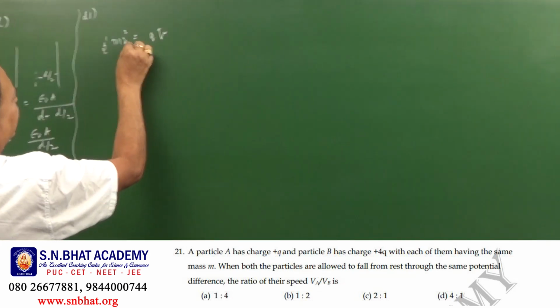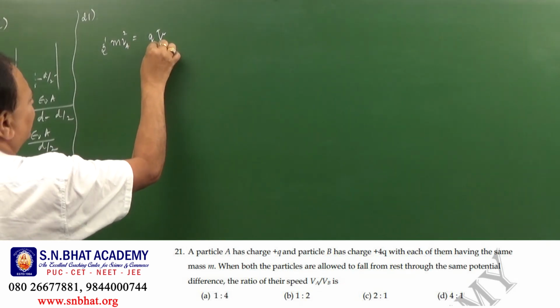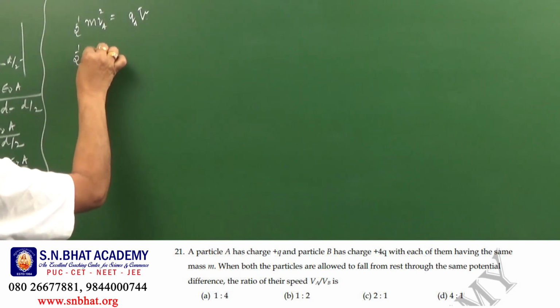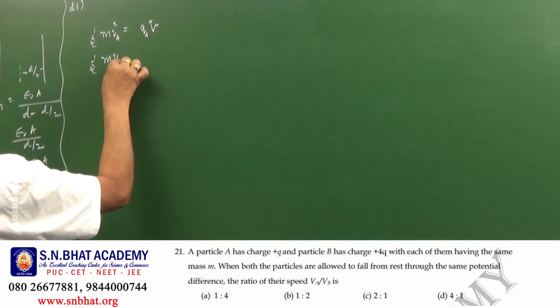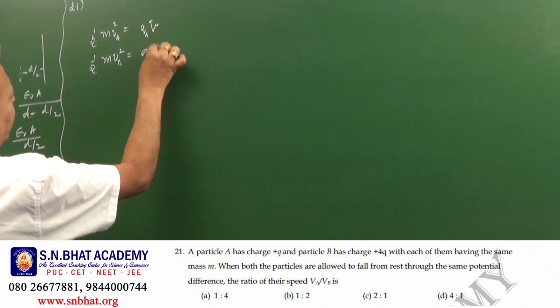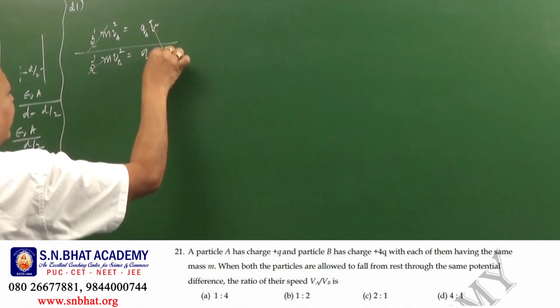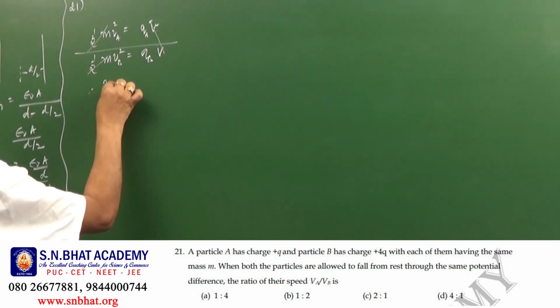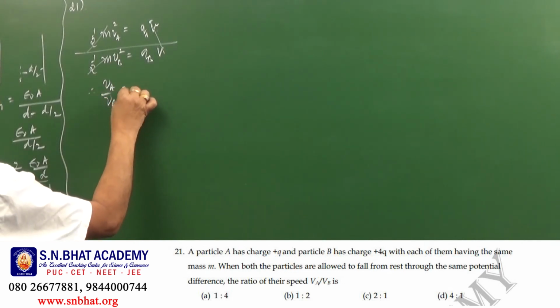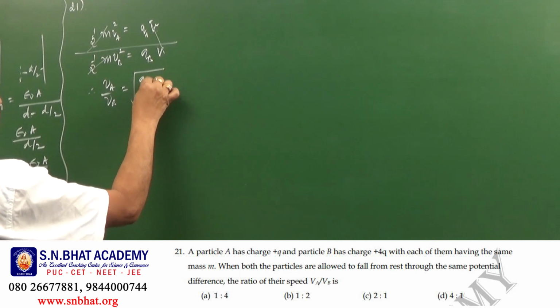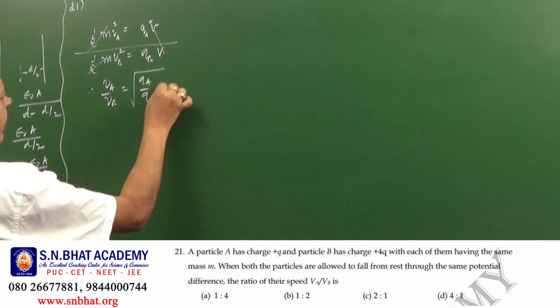You apply for this one, this is for A, half M VA square is equal to QA into V, and for B, half M VB square is equal to QB into V. You divide one by the other. Half M and V get cancelled. Therefore VA by VB is equal to root of QA by QB.